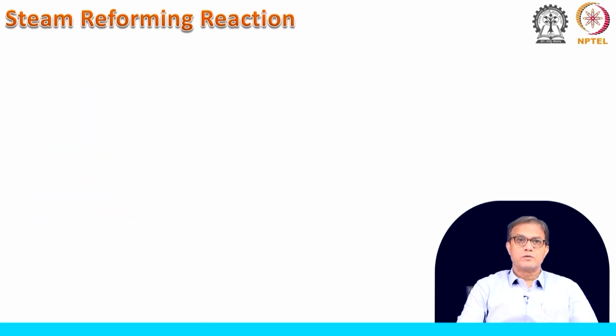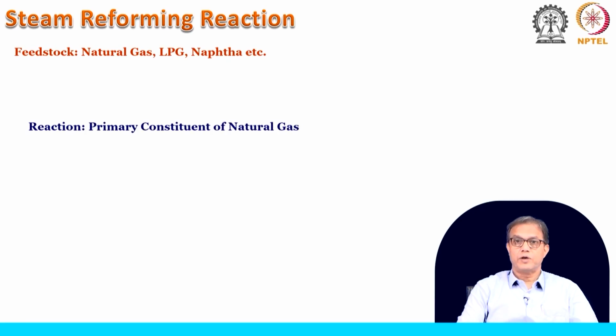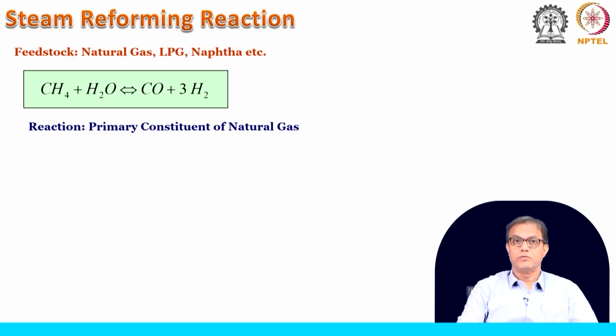So, the steam reforming reaction is basically meant for light feedstock like natural gas, LPG, naphtha, etc. If we look into the primary constituent of natural gas, that is methane, the reaction would be methane plus water.